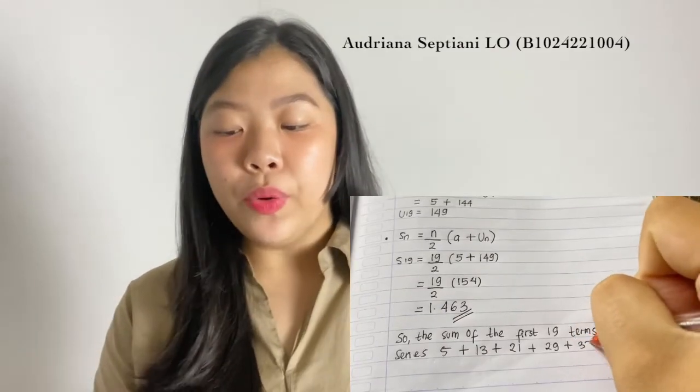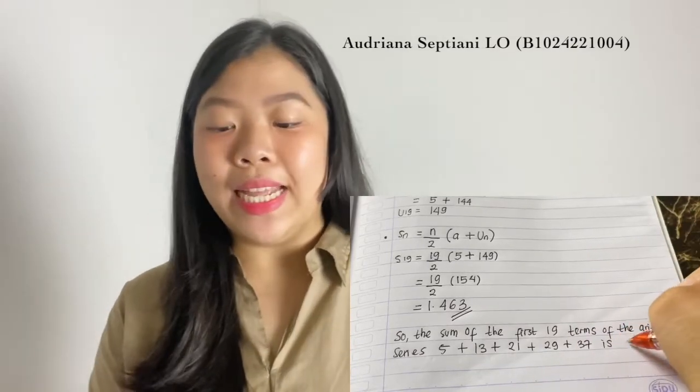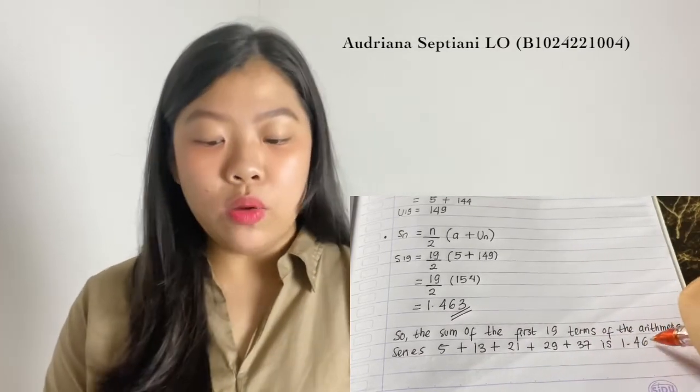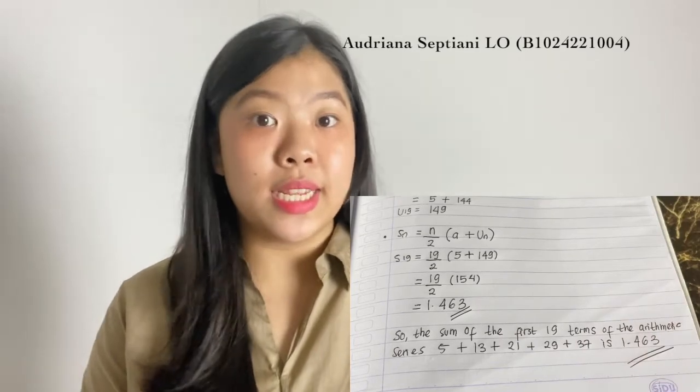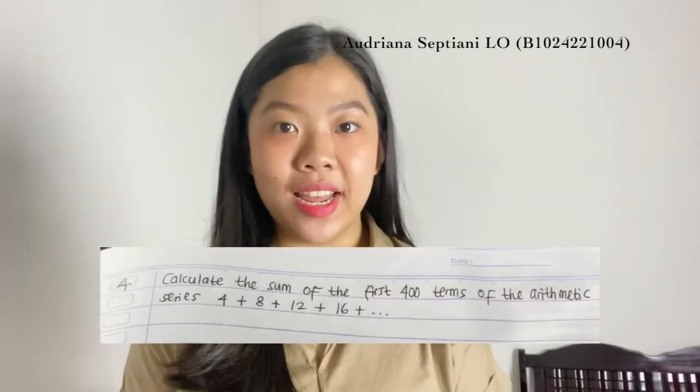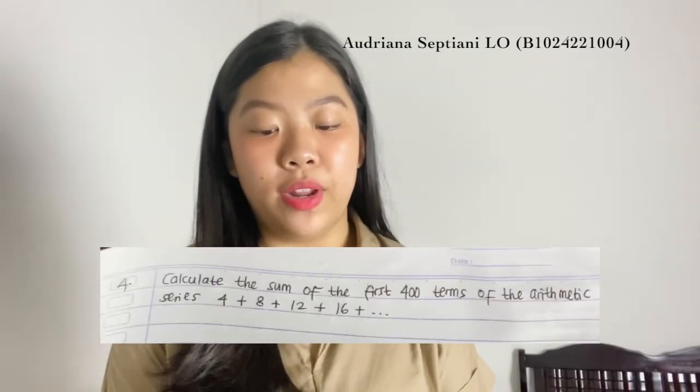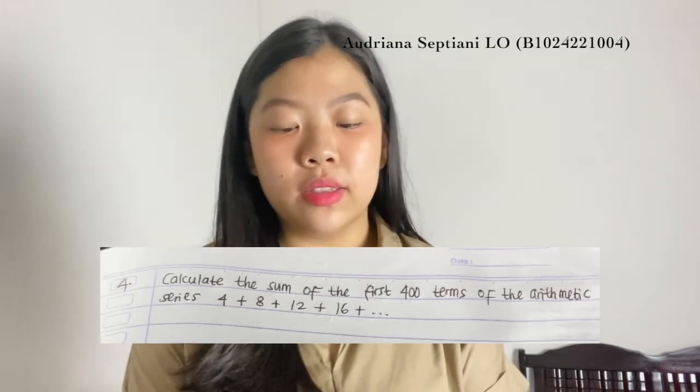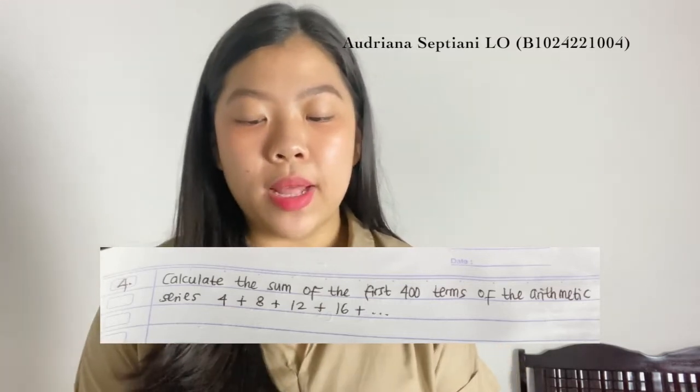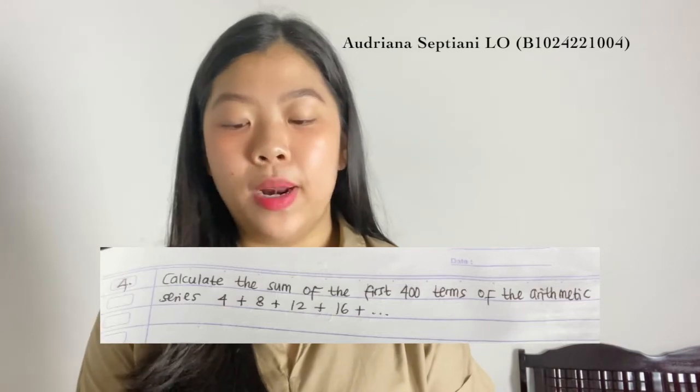The next is 19 divided by 2 times 154. So the sum of the first 19 terms is 1463.